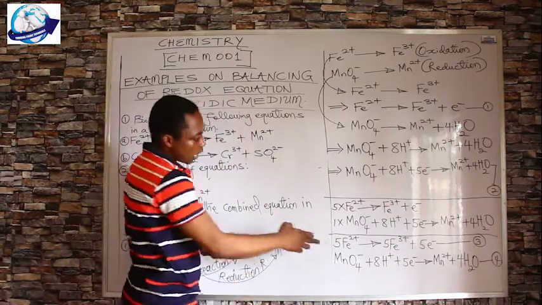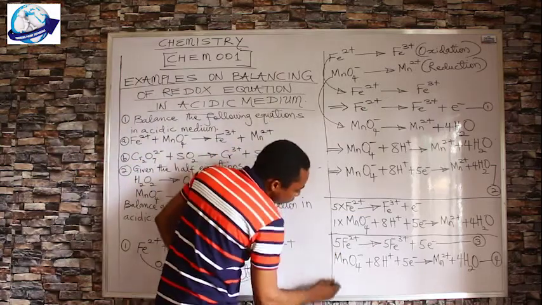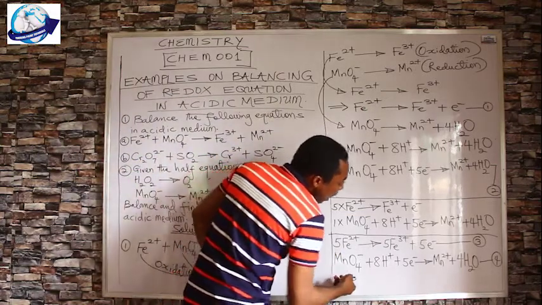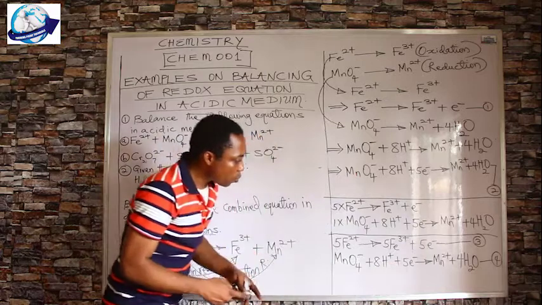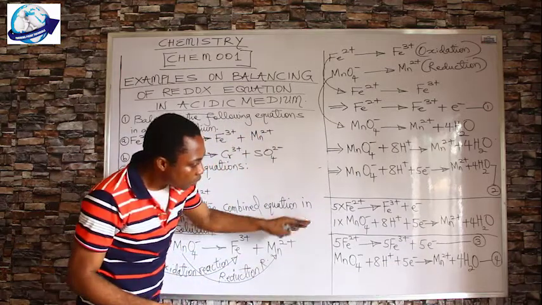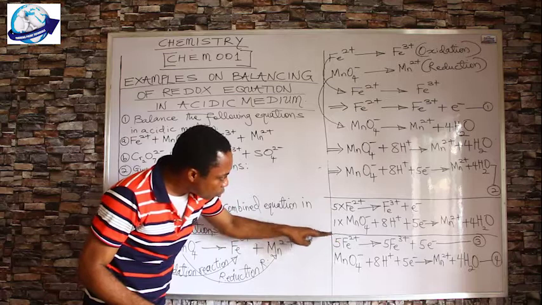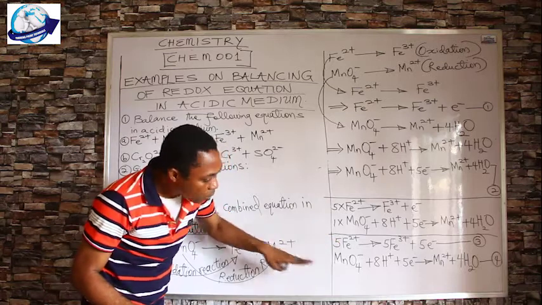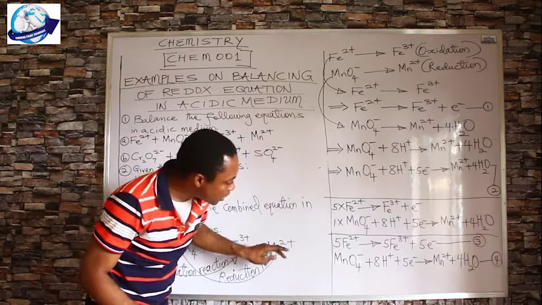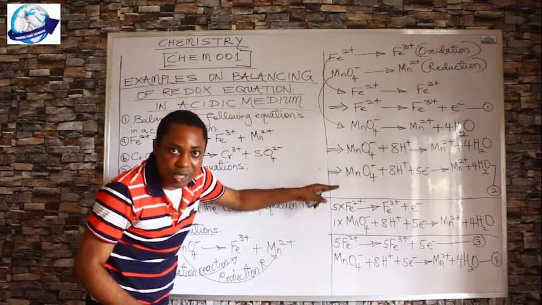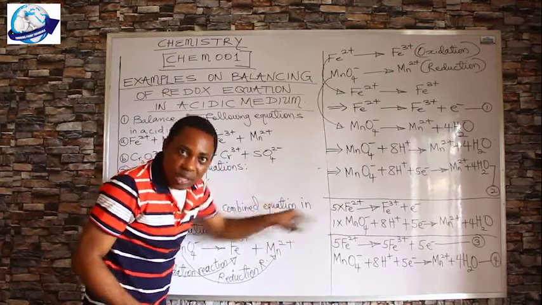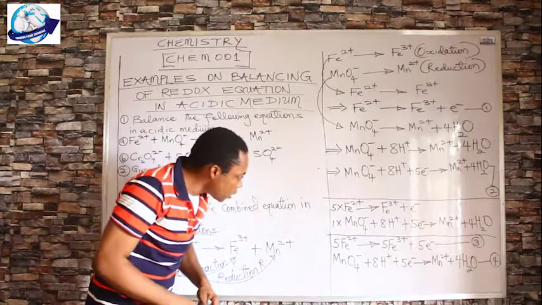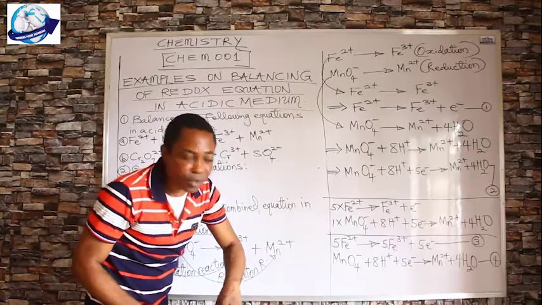Now that we are through with this aspect, the next stage to go into is the adding. Like I said before, we have done that. We now add up equation 1 and equation 2, which have changed to equations 3 and 4. All that we have done here is interchanging the coefficients of the electrons, then multiplying through. Then we have new equations formed, 3 and 4.